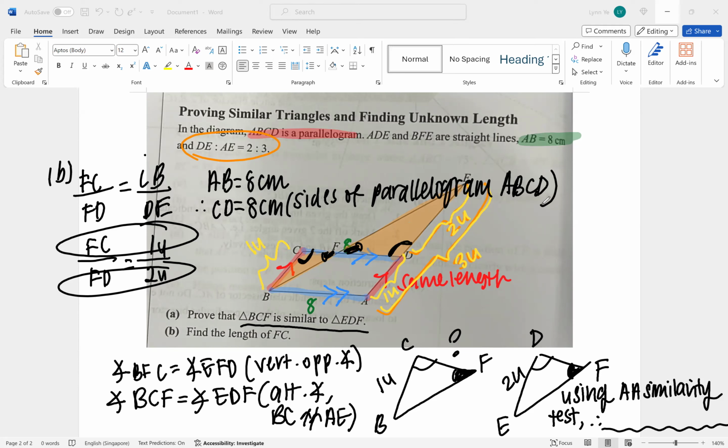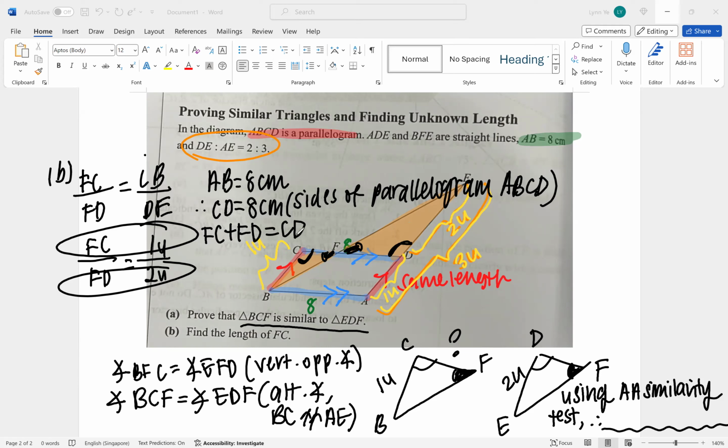So CD is equal to 8 cm, which is the sides of parallelogram ABCD. So therefore, what is CD made out of? If you look at the diagram, CD is made out of who, people? CF and FD will give me CD, right?